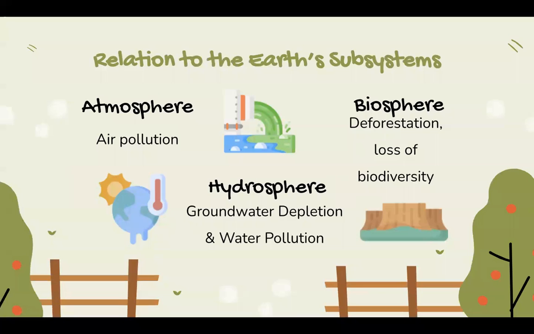And the biosphere, well, in deforestation, you may convert a very species-rich, life-dense biome, such as a rainforest, into just a pasture where there may only be a couple species. Therefore, you have a loss of biodiversity because of industrial agriculture.